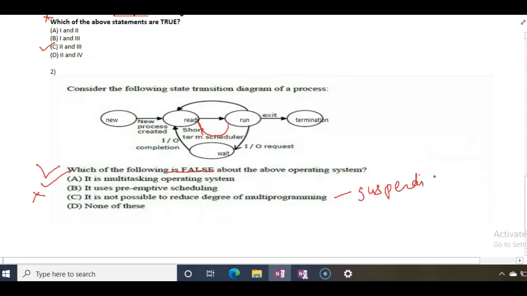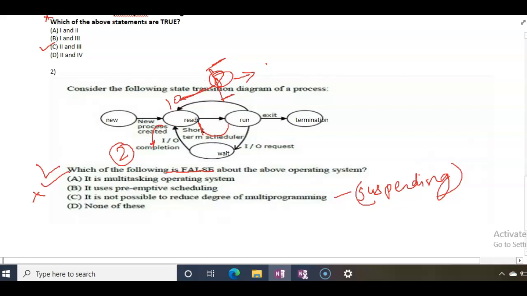Let's say there are 10 processes in ready state, and you send two of them from ready to suspend state, then there would be 8 processes in ready state, and the number of processes present in ready state is the degree of multi-programming. So you can reduce the degree of multi-programming, or you can send back from suspension to ready state, and you can increase it.